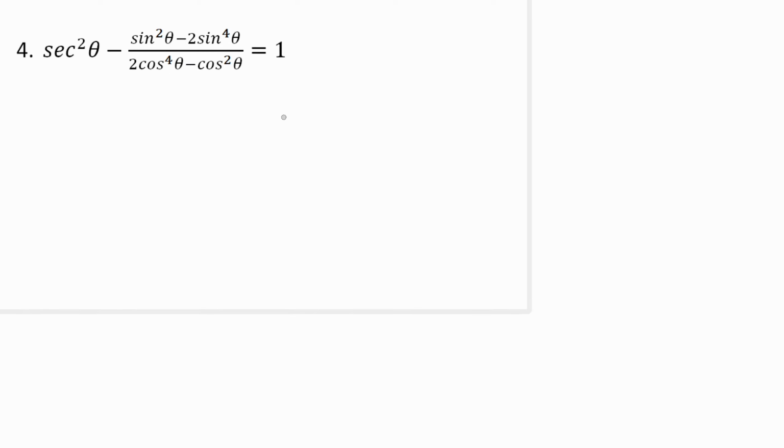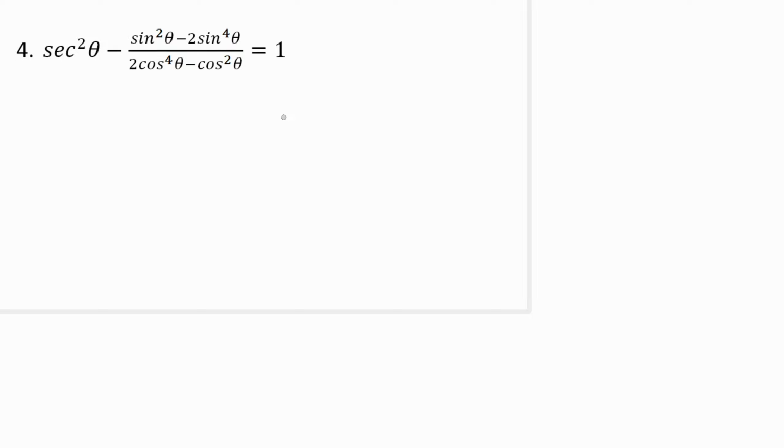In this question you can see we have to do sec square A minus sin square A minus 2 sin 4A upon 2 cos 4A minus cos square A. So how will we start?